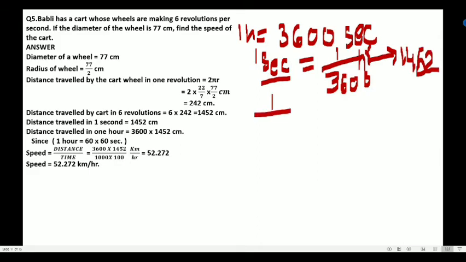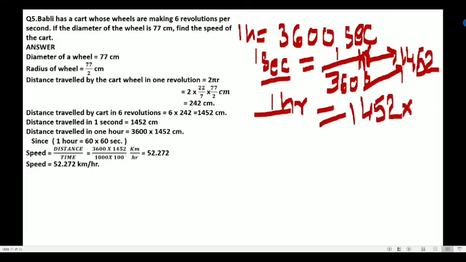So this 3600 will be multiplied. So this will come as 1 hour, because it is now converted into hour, dividing with 3600. So 1 hour equals 1452 into 3600. This is why I have multiplied here.